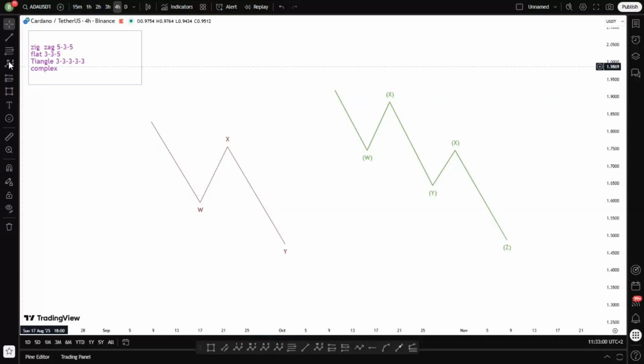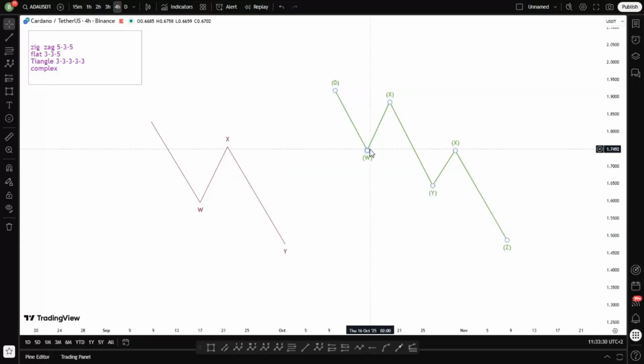It can either be a zigzag or a flat. It can never be a triangle, and it can never be a motive wave, because once it becomes a motive wave, then we change the whole scenario from being a complex correction. The letters W, X, and Y represent a fully formed corrective pattern. So it's not a singular part of it, it has to be a complete pattern.